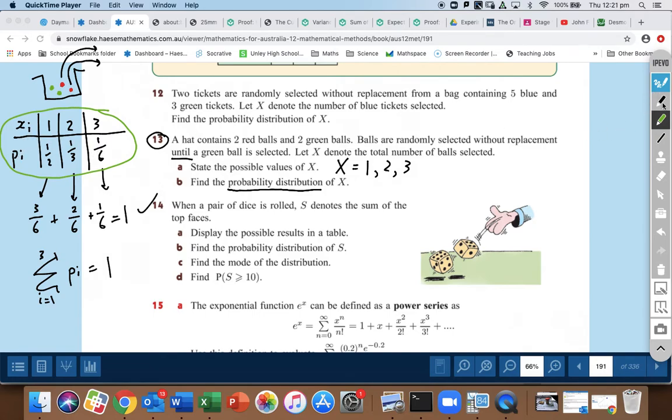These probability values, we could have written them slightly differently. We could say, I've written P_i. Right. We could say the probability that the variable equals a particular value of x. Okay. So I think that's probably what the book does in the answer section.